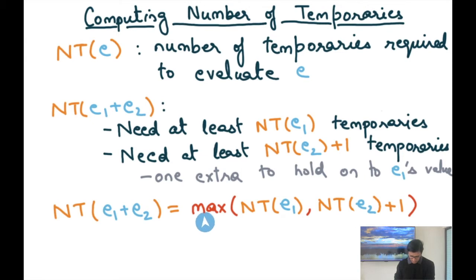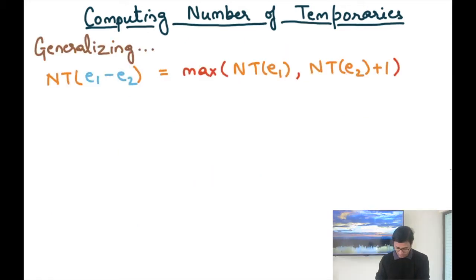All right, and so we're going to see a similar pattern everywhere. Once again, this is a recursive definition of nt, and this is supposed to be a pattern match. So this is actually a definition, a rule to compute the number of temporaries required for the plus operator appearing anywhere in the expression tree.